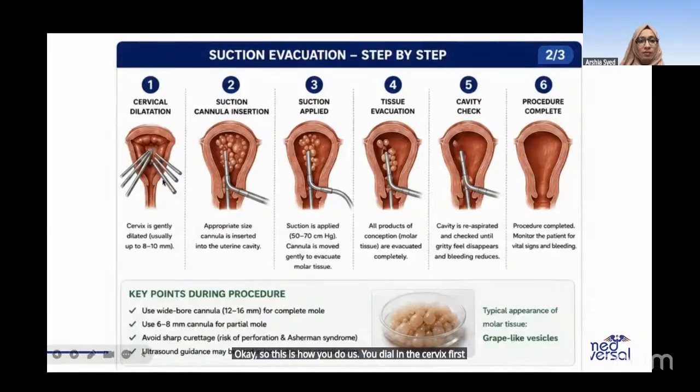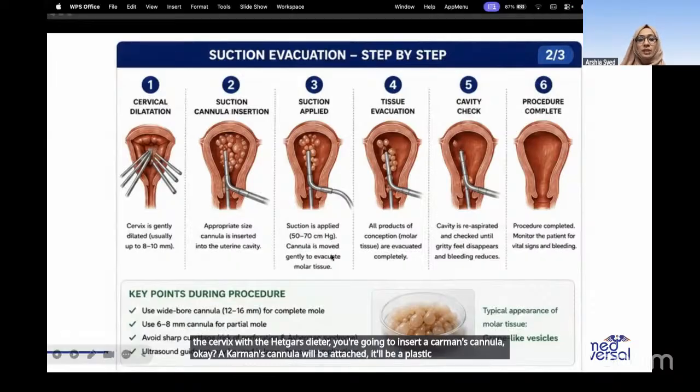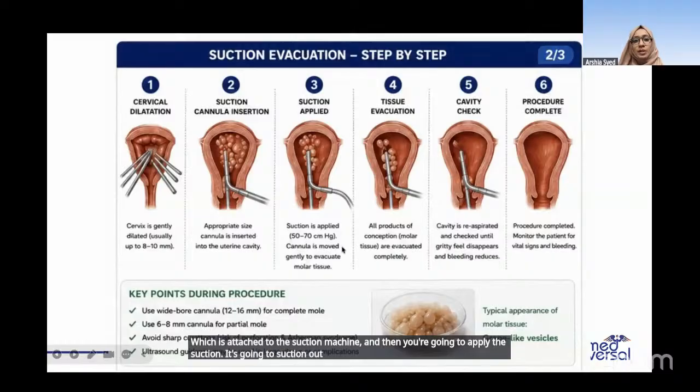After dilatation of the cervix with the Hegar's dilator, you're going to insert a Karman's cannula. It's a plastic cannula attached to the suction machine, and then you apply the suction. It suctions out whatever the products are, which are removed through the cannula, until all the products get suctioned out and the uterus collapses.